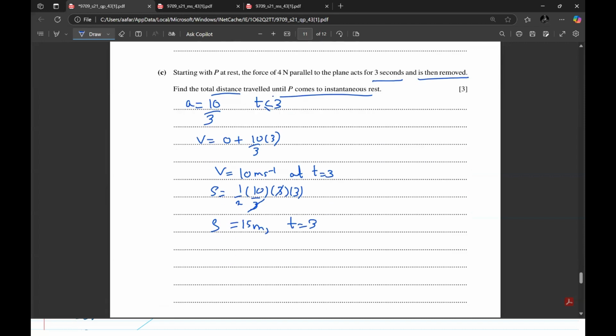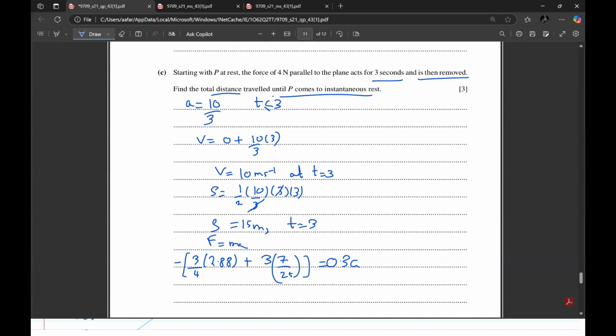After that, its acceleration will change since the 4 Newton force is removed, so its acceleration will be downwards, i.e. negative. Negative friction, which is 2.88 over 4, plus the component of its weight, which is mg sin theta, equals 0.3 a.